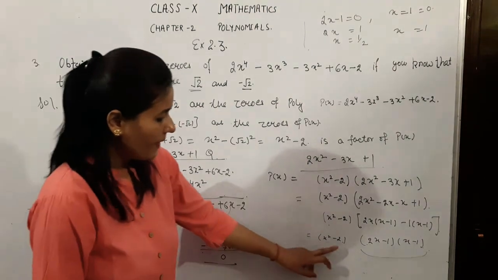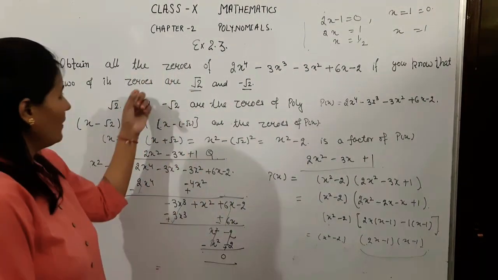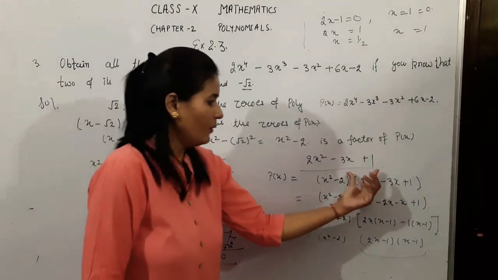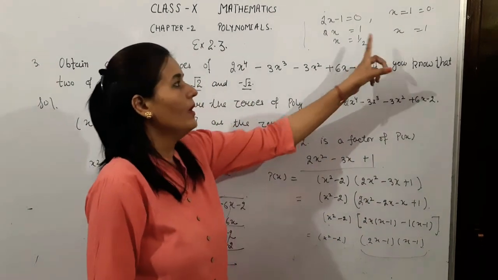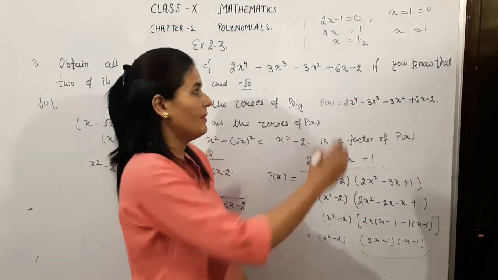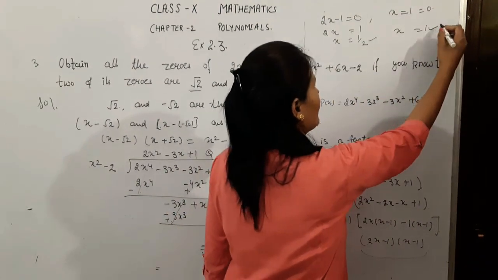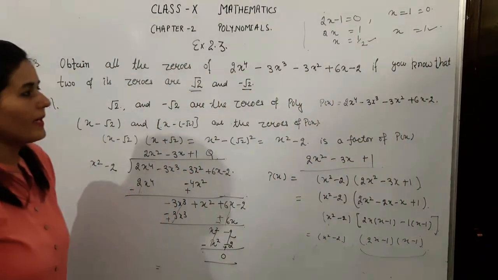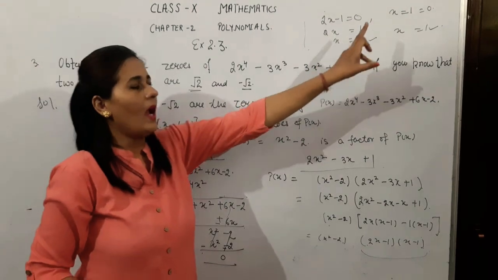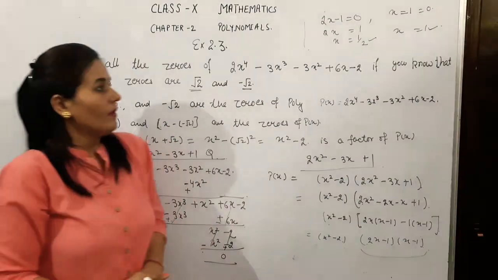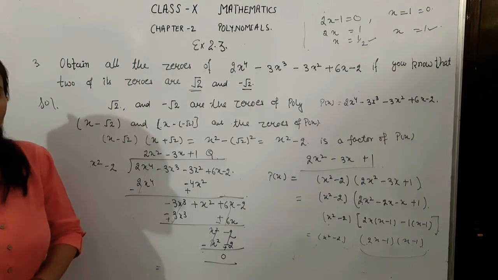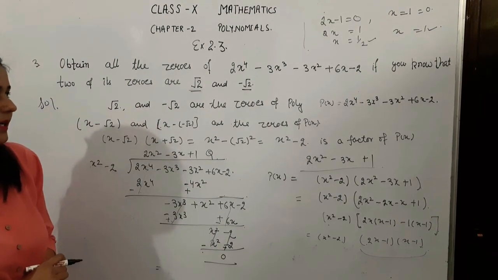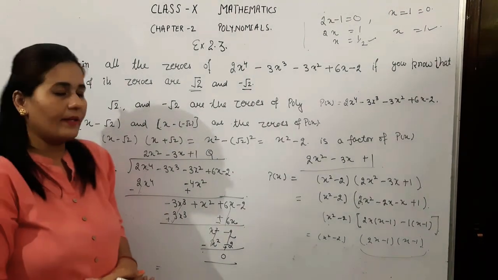This will give you the same zeros, root 2 and minus root 2. The new quotient after factorization will give you new zeros, the remaining ones, the required zeros. So our required zeros are 1 upon 2 and 1. With this question, we are almost done with exercise 2.3. Only I think the last question is left that you can try yourself.